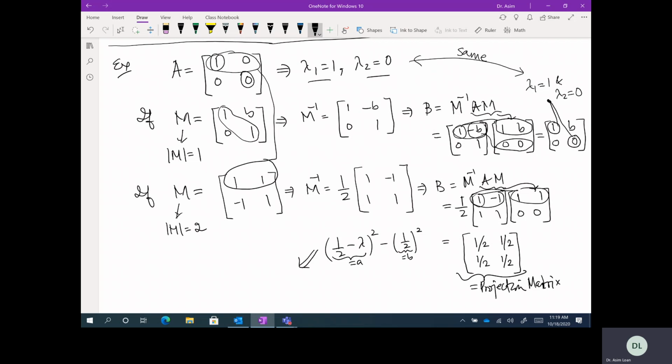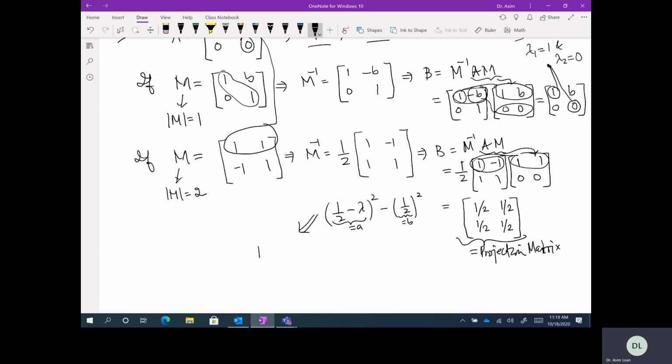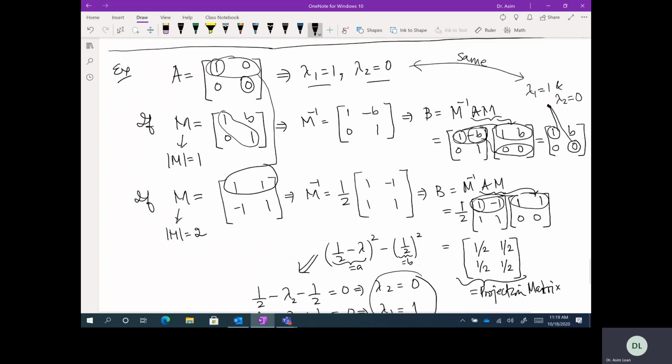So this implies (half minus lambda minus half)(minus lambda plus half)... so a minus b, a plus b, this is equal to 0. So maybe I say this is 2, this is 1. So this implies lambda 2 equals 0, and this implies lambda 1 equals 1. So again, the eigenvalues are 1 and 0, which is the same as the eigenvalues of the original matrix A.